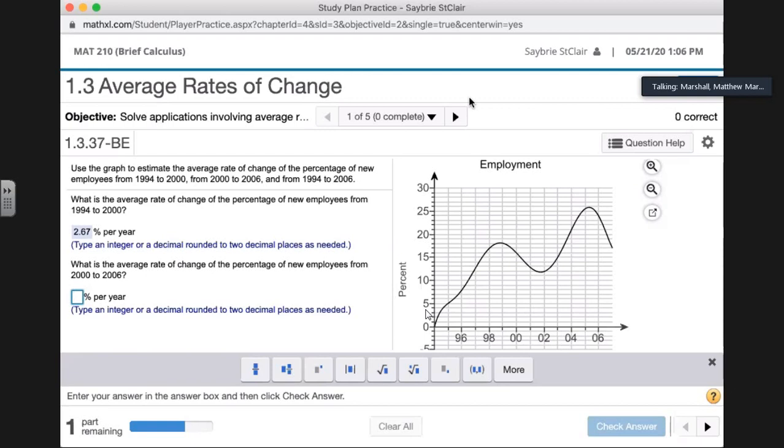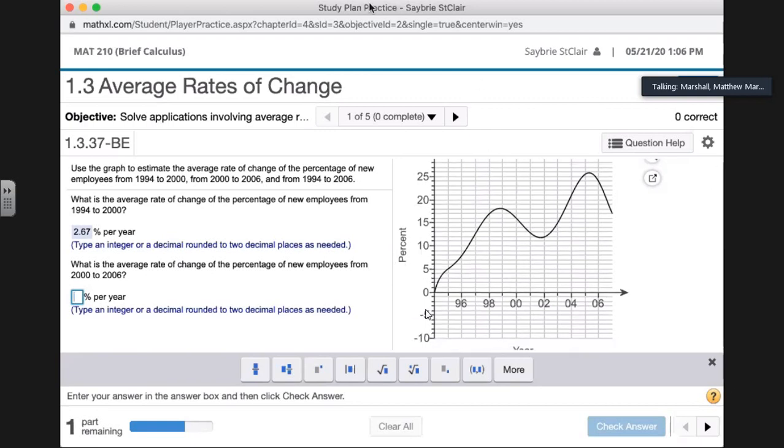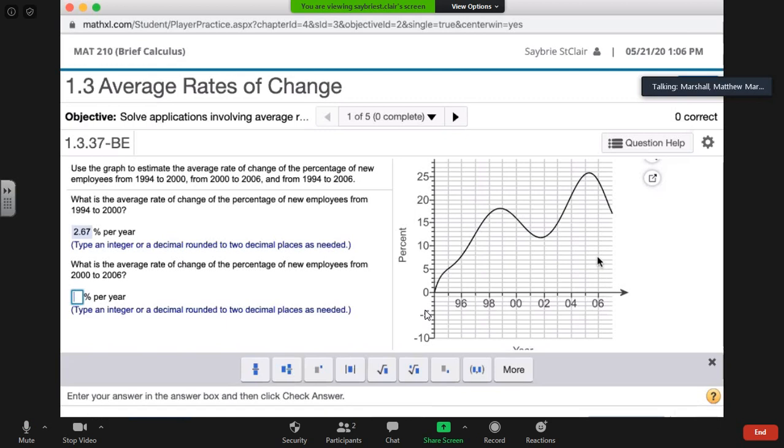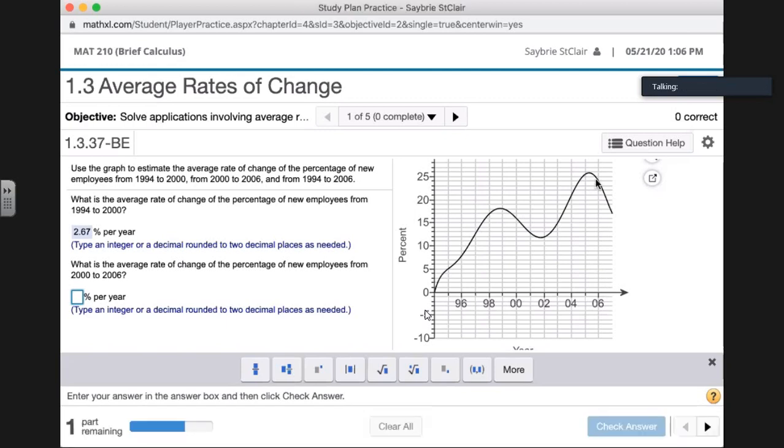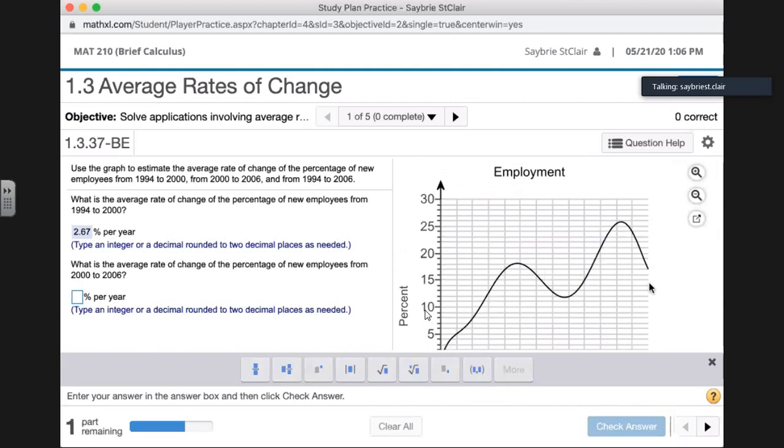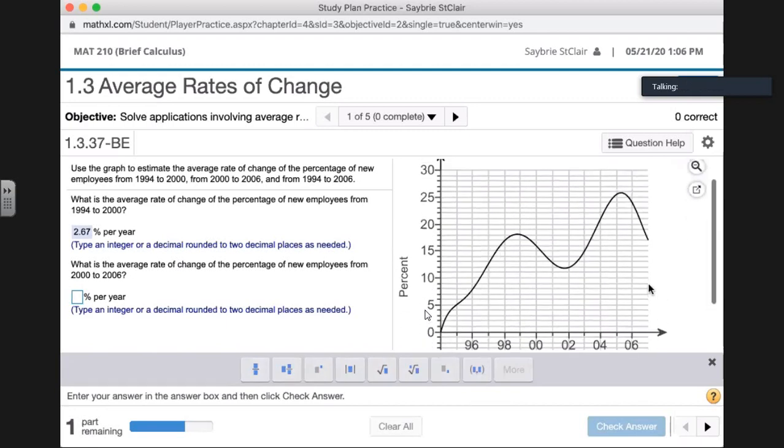So 2000 was again 2016. And 2006, it's like 24.